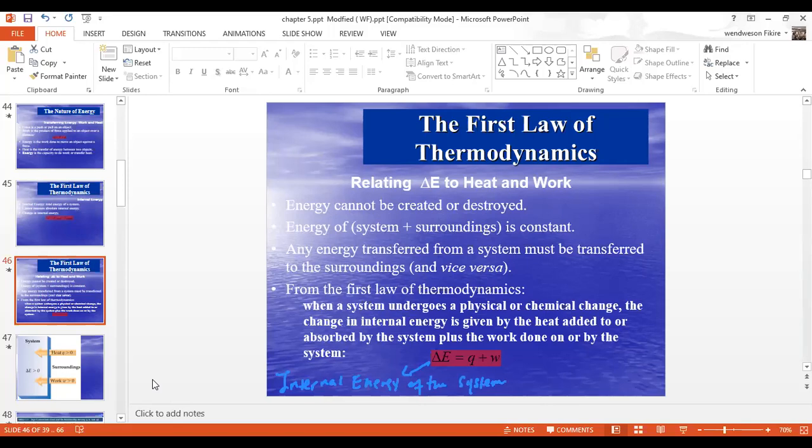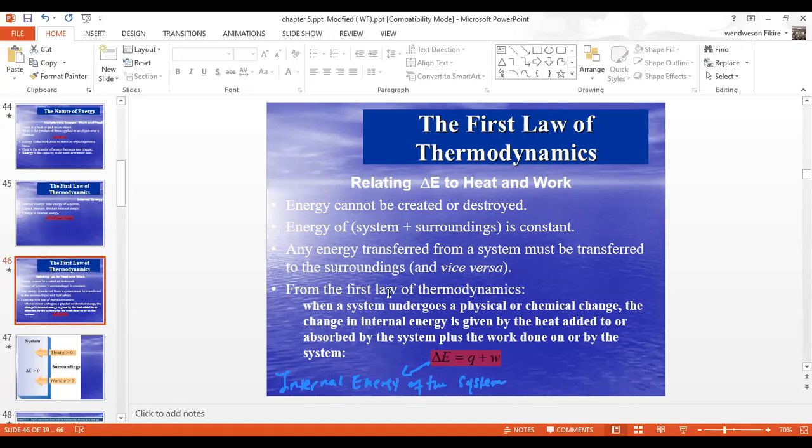First of all, like I say, energy cannot be created or destroyed. Energy of the system and surroundings is always constant, which means that any energy transferred from a system must be received by the surroundings, or vice versa.